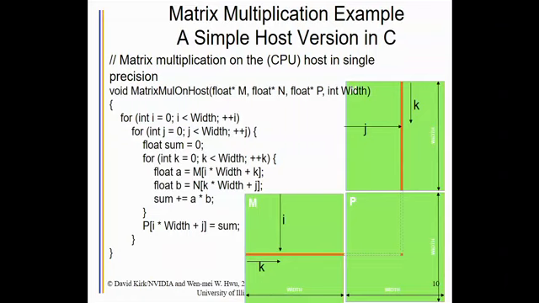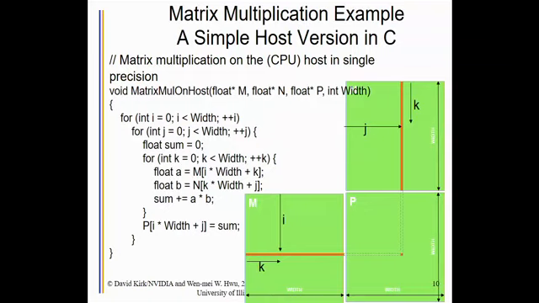Then the middle loop will iterate through all the elements in a row of P. We go through the zeroth row, and then we generate the P elements in that row. That's the second level loop. We go to the next row, so we do the next outer loop iteration, and then we generate the output elements for that row, right? So that's why we have two levels of outer loop.